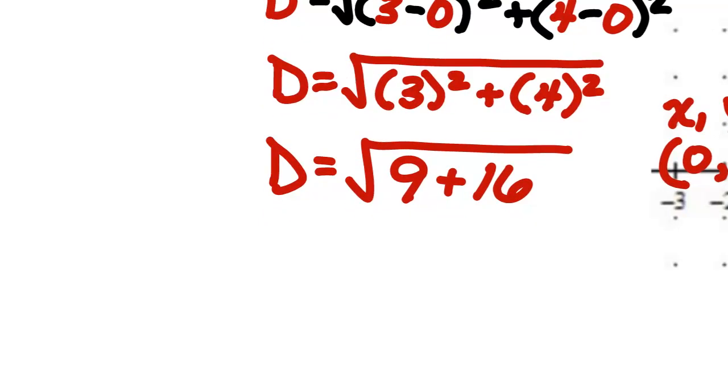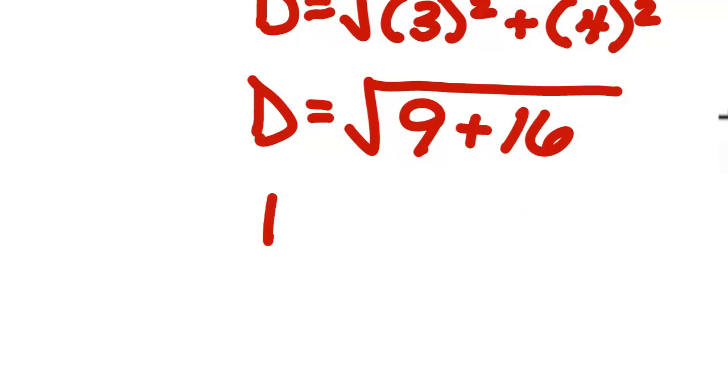Please keep in mind, before I roll any further forward, just because I saw this happen on the last test and I've seen it happen a couple other times and places, please notice my square root sign goes over everything. And we don't do that part until the very end. You cannot split the square root up over each of those pieces and then add them. You have to add them first and then square root them.